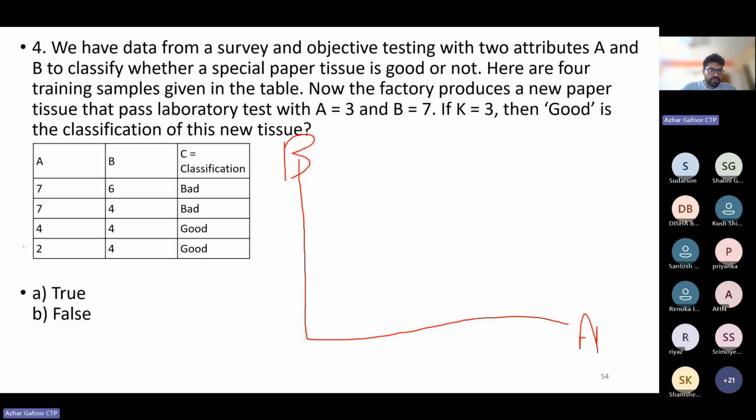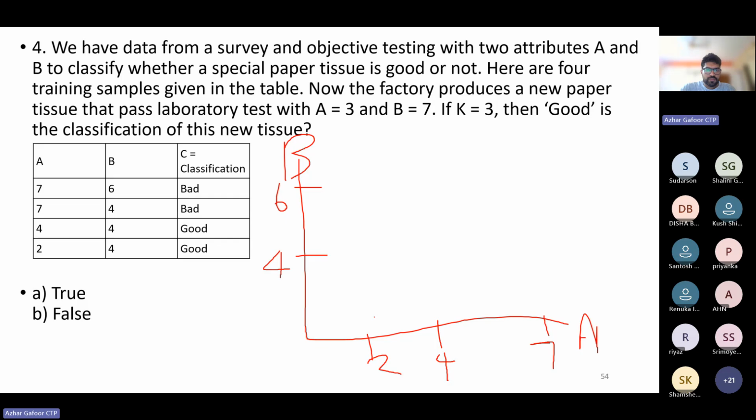Now we have the points A (7, 6), and this is 2, this is 4, this is 7. Then we have B (6, 4), (6, 4).